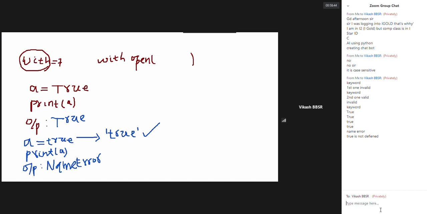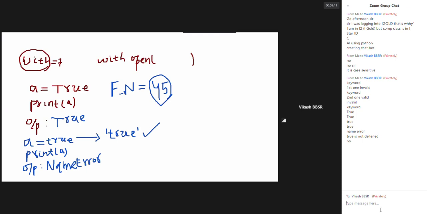Suppose I ask you, what is your father's name? You give me the answer 45. Is it a valid answer? An error will come, because it is a value error. The value is not correct.